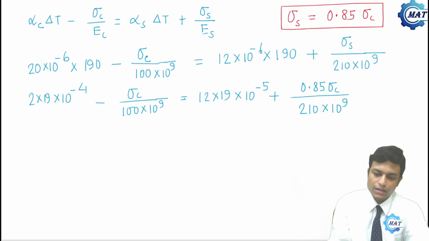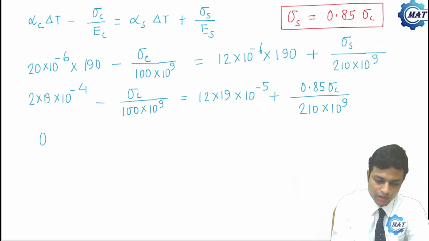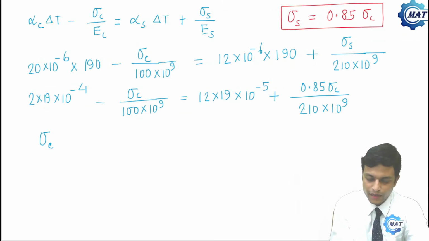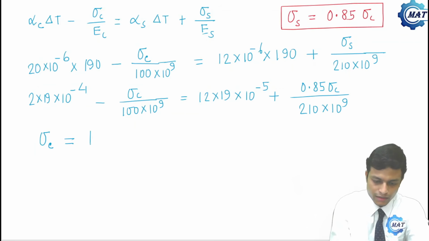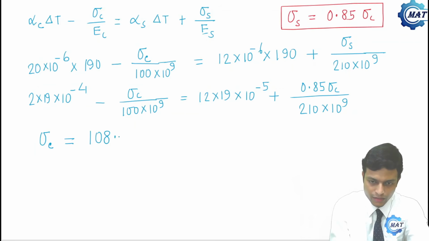From this equation we can determine sigma C. Solving, you will get sigma C is 108.2 MPa.